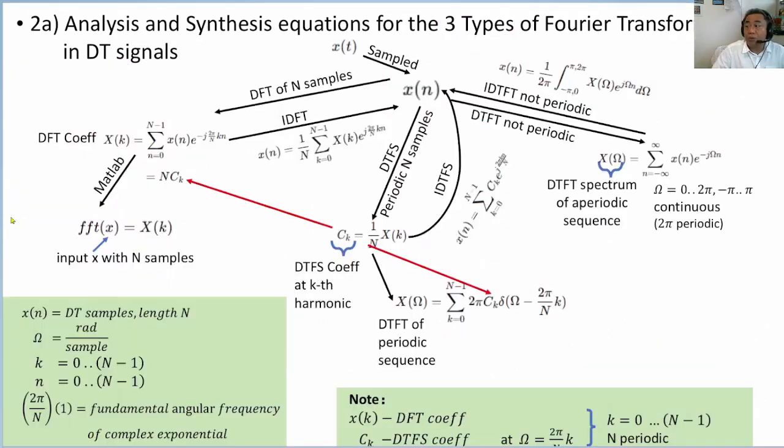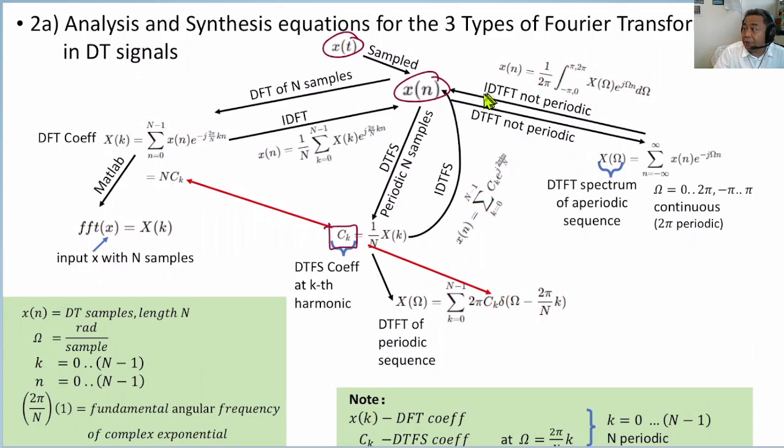I have drawn a mind map for you. So this mind map, let's trace it together. x of t, which is the continuous time signal, is sampled. It becomes x[n]. Now, if x[n] is periodic, it goes down here. You use c_k for the analysis. You will find the magnitude and the phase spectrum from c_k.